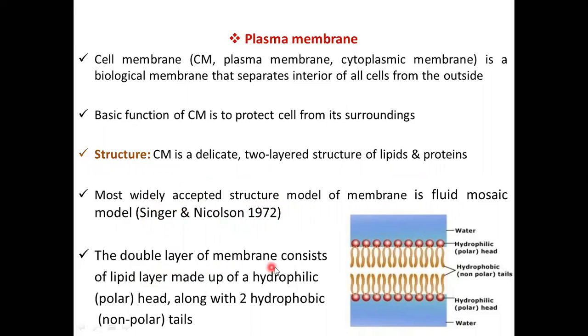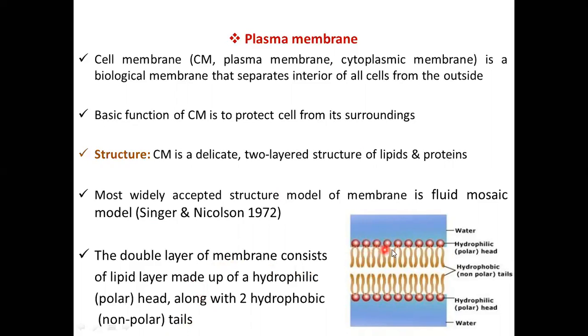The double layer of the membrane consists of a lipid layer made up of a hydrophilic polar head along with two hydrophobic non-polar tails. So we can see here in this figure the visible double layer of the membrane is made of a lipid layer.